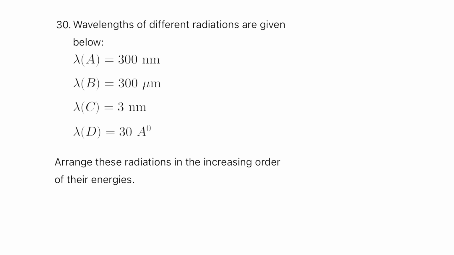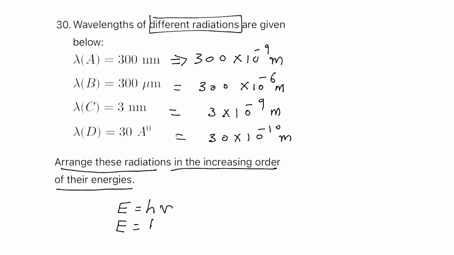Okay, right? Now what is our task? Arrange these radiations in the increasing order of their energy. Very easy, right? Regarding radiations, if they ask energy, you have to use which equation? Equation for energy is equal to what? h nu. And what is nu in terms of wavelength?